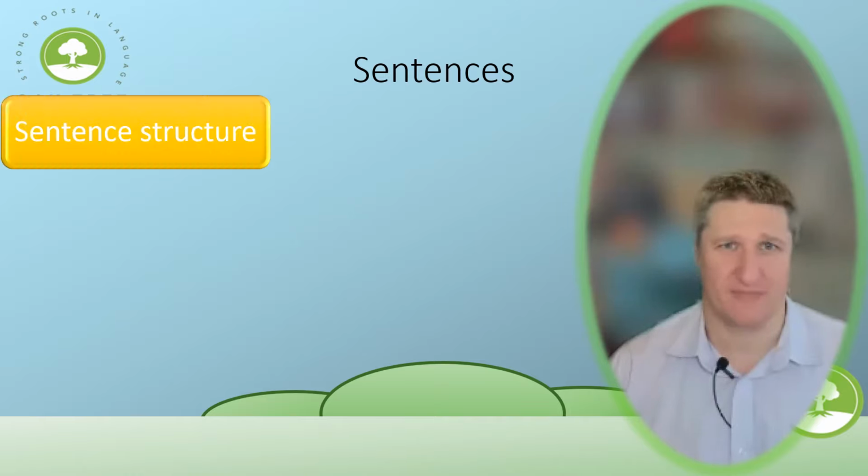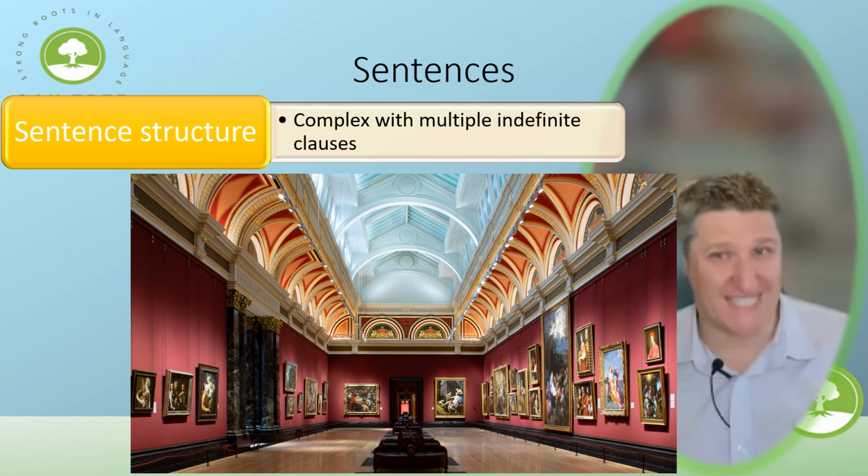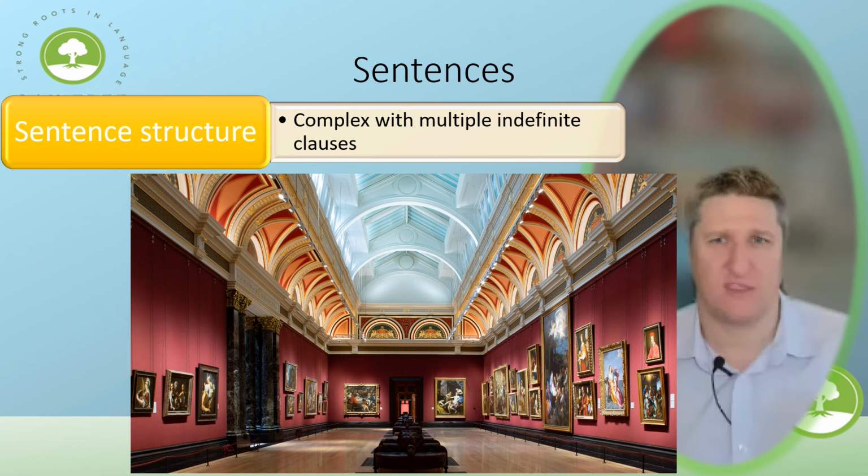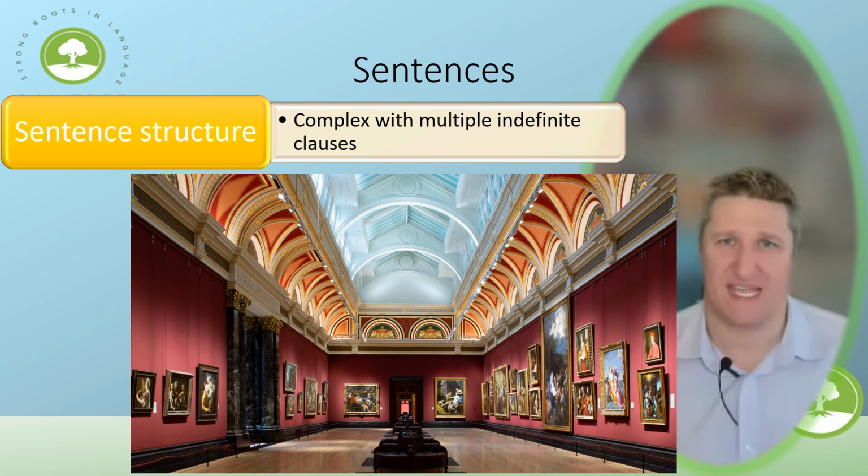An example of a complex sentence. The best time to visit is in the morning because all the tourists come later, which makes it too noisy. This is complex. It has multiple subordinate clauses. Watch this.